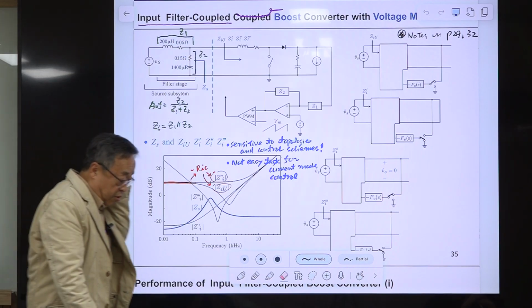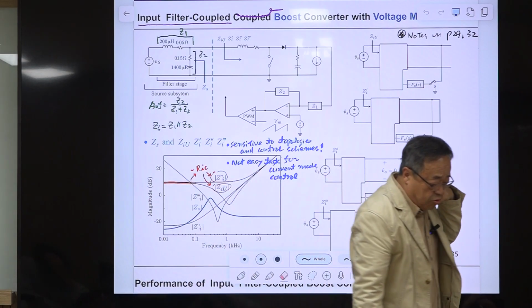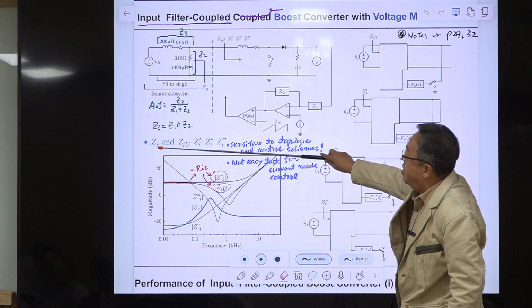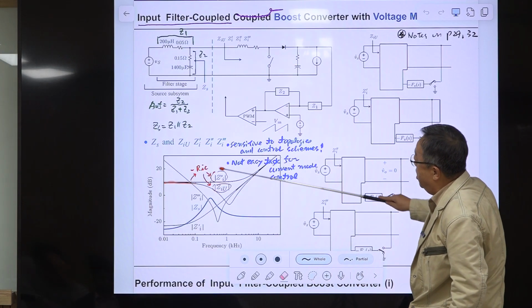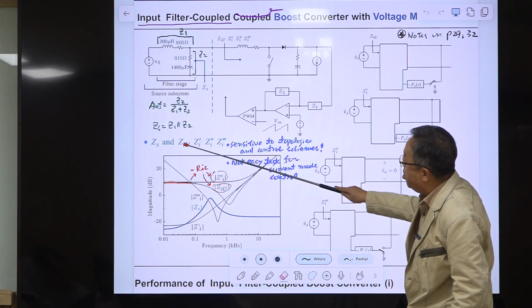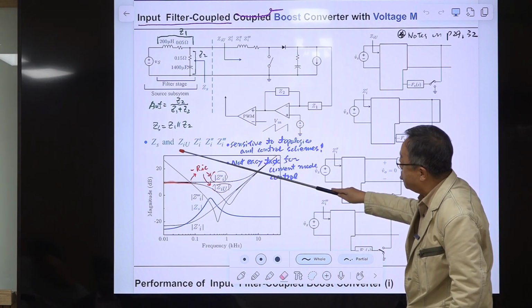Okay, what is not trivial is this one. I plot this GS, and I plot these 4 different input impedances. This is the regular input impedance of the uncoupled converter.